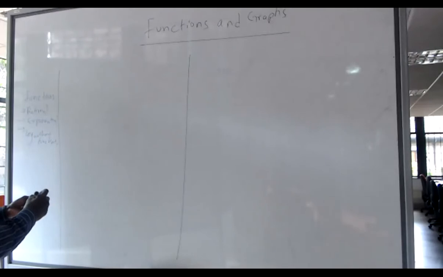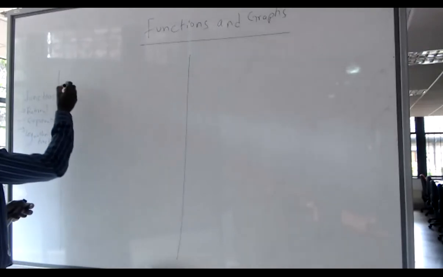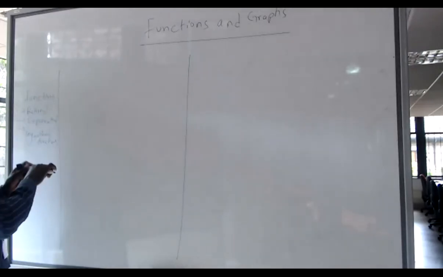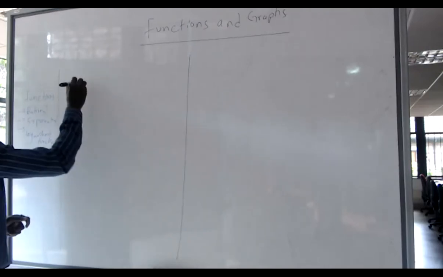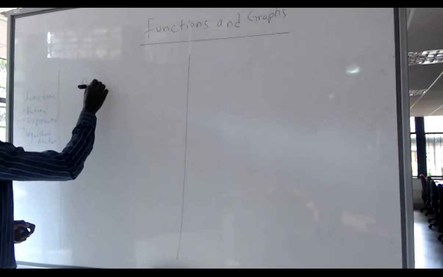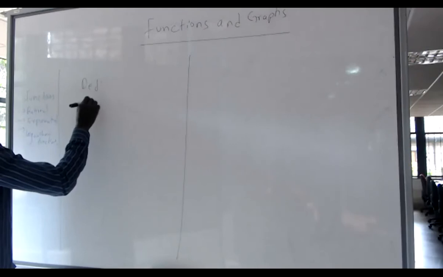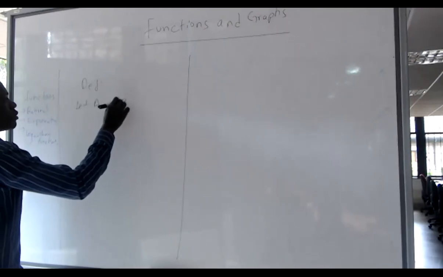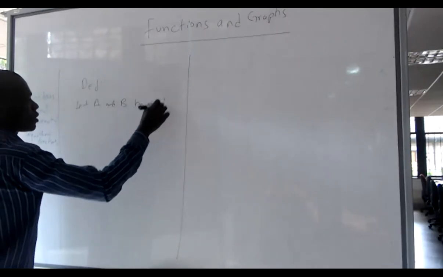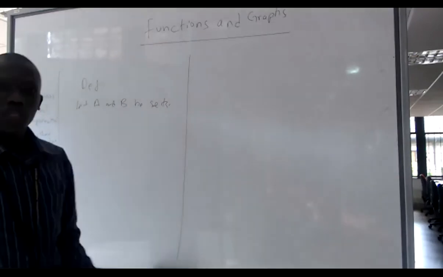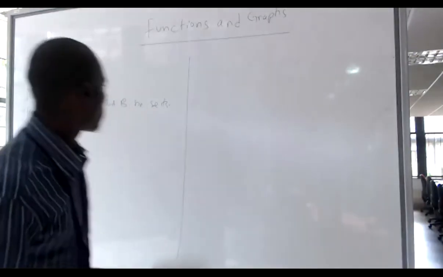So first of all, I would like to define a function. We defined a function before, just a review. So definition: let A and B be sets. By now you're all familiar with sets, a collection of elements.